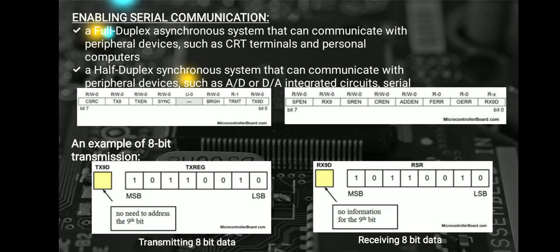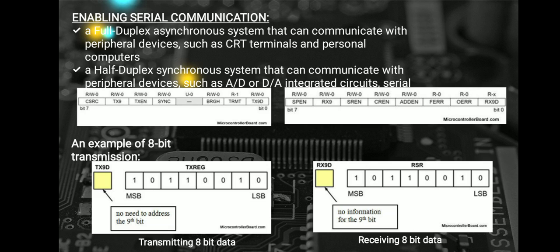Serial communication. So to enable this serial communication, as we already discussed the transmission types, which are full duplex, half duplex, and simplex, we'll look into an example of transmitting 8-bit data. Let us assume that we need to transmit the following information, that is 1011 0010.